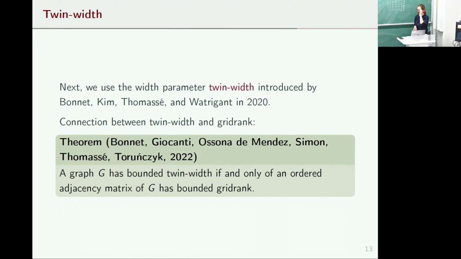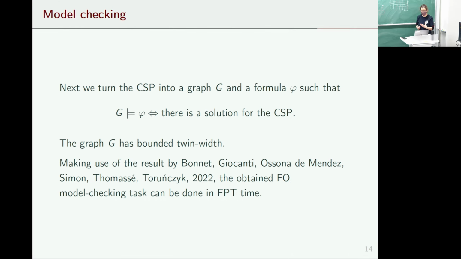But what's important is that we can now cast this to a graph that has bounded twin width. As long as you believe that direction, then everything is fine. Because we have to do model checking, we also have to cast the whole CSP into a formula.